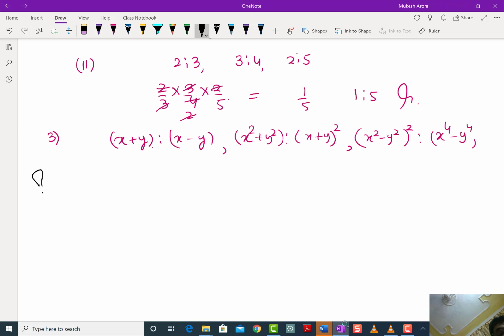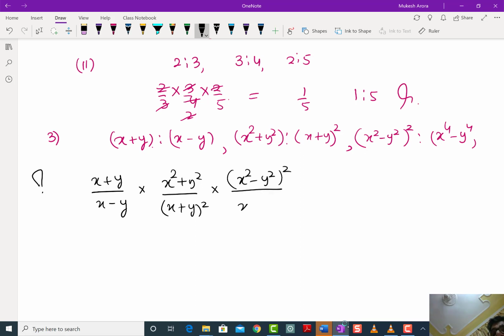Again very simple, x plus y upon x minus y into x square plus y square upon x plus y whole square into x square minus y square whole square upon x^4 minus y^4.